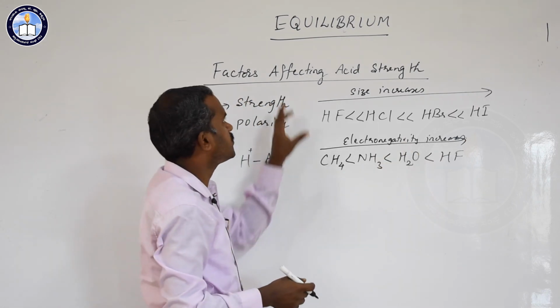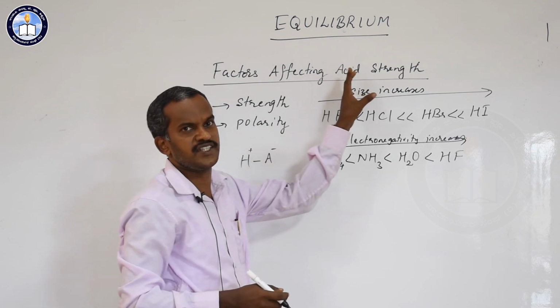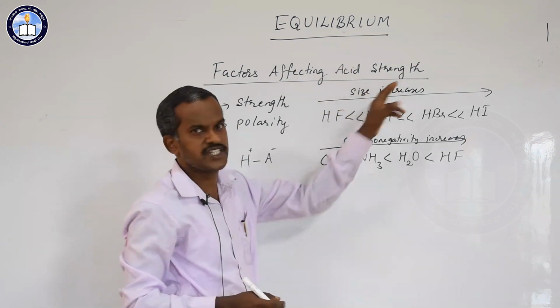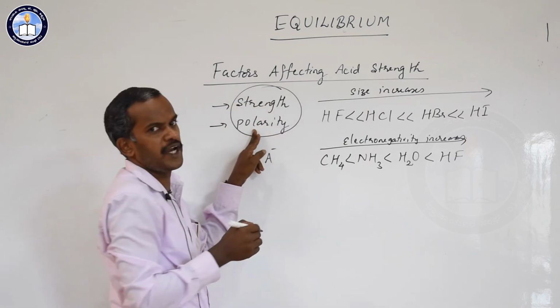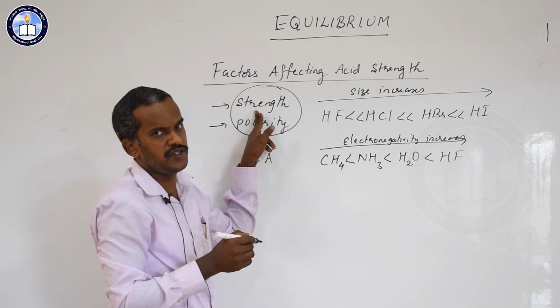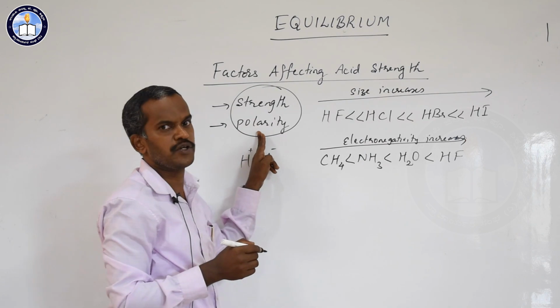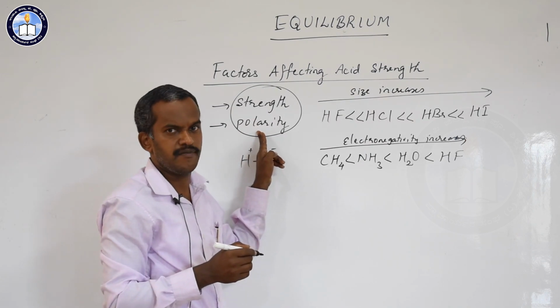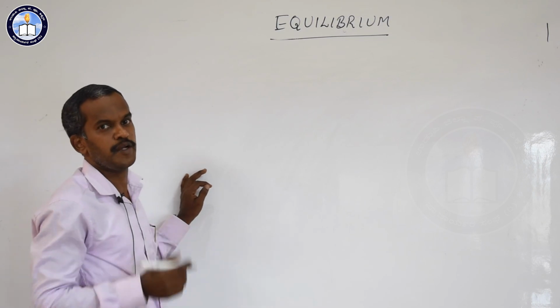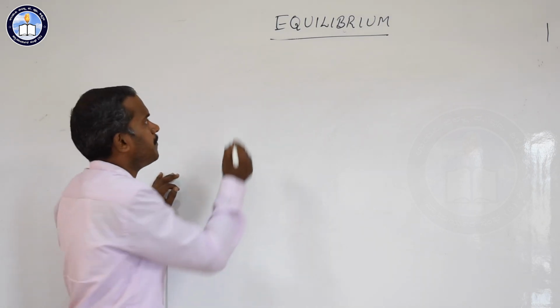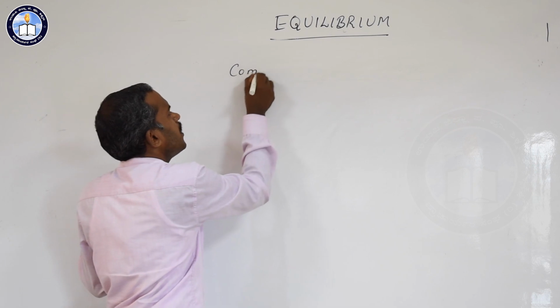This is simply how factors affect acidic strength. You have to remember these two factors, strength and polarity. Strength depends on the size of the atom, polarity depends on the electronegativity. Are you clear? Okay students, now we'll understand one more important phenomenon in equilibrium, the common ion effect.